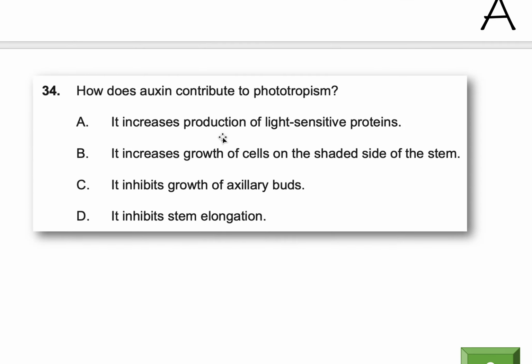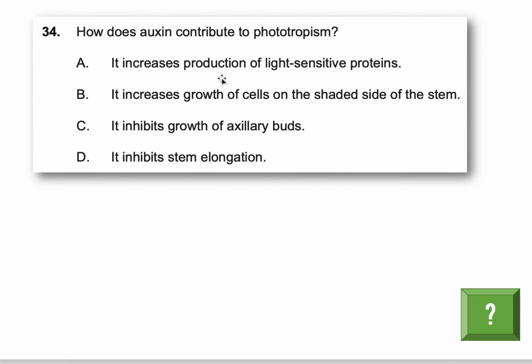Okay, last question now. How does auxin contribute to phototropism? Again, phototropism means photo meaning light, tropism meaning growth. So growth in response to light. We know that's what auxin does. A, it increases production of light-sensitive proteins. B, it increases growth of cells on the shaded side of the stem.